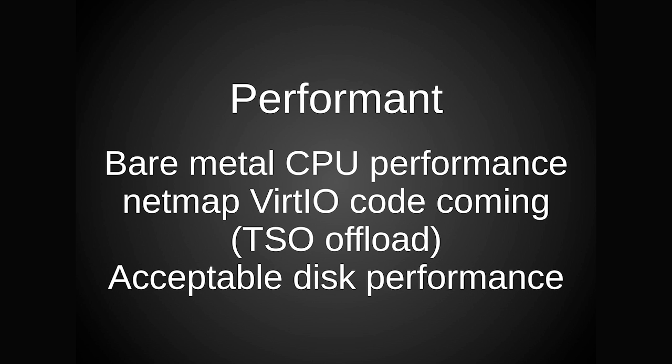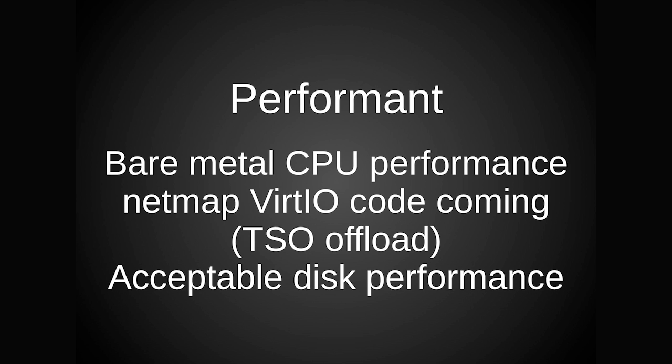bhyve is very performant. You get bare metal CPU performance, and in some cases I believe they're observing even lower Linux latency atop bhyve. And I believe that's because the kernel isn't worrying about a USB subsystem. It's not worrying about all this stuff, and perhaps that can be built out, but when you're in an environment where you rely on, say, a vendor like CentOS, you don't mess with your operating system, you don't have that malleability that we take for granted and have for a very long time.